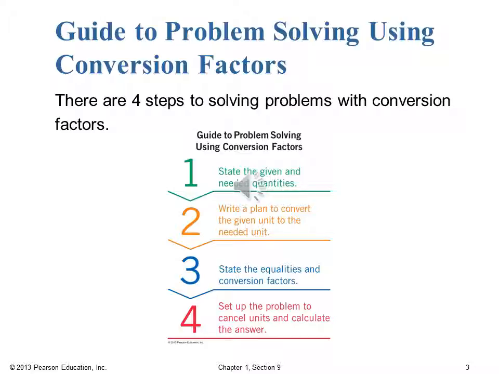The third step is to state those equalities and express them as the appropriate conversion factor. It does matter if you put, say, 100 centimeters in the numerator and 1 meter in the denominator, or vice versa, because given the quantities you have in the problem, you'll need to cancel in a certain way.